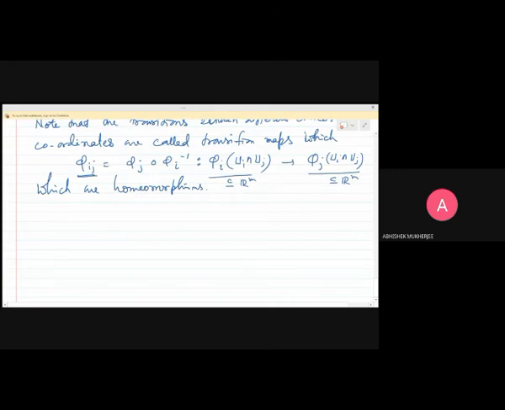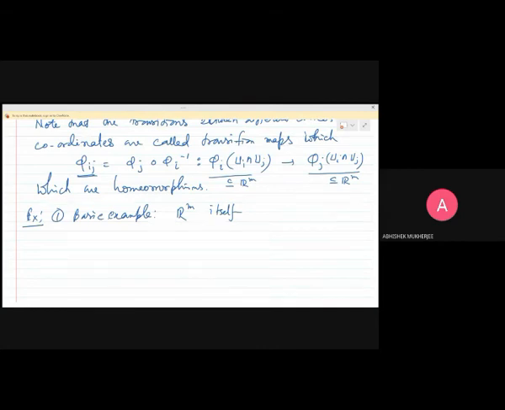Now let us explore some basic examples of topological manifolds. Observe that the basic example of a topological manifold is obviously R^m itself, because it is Hausdorff and second countable, and axiom 2 will be satisfied easily.